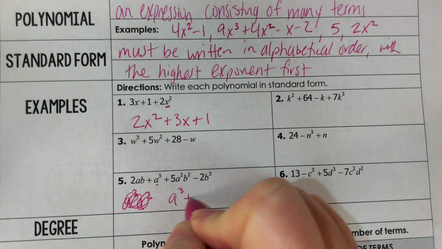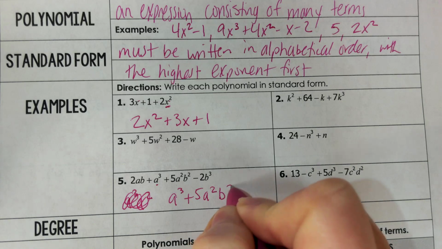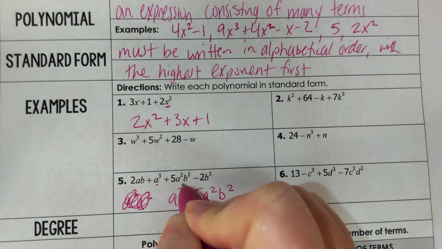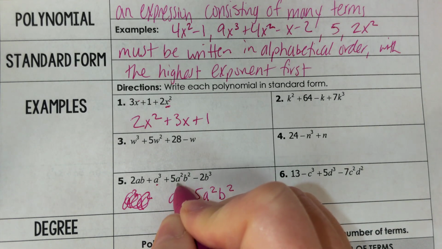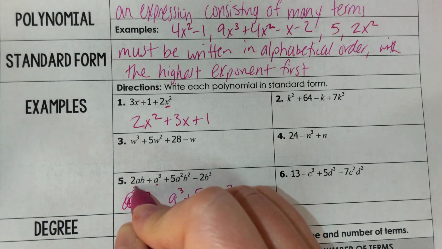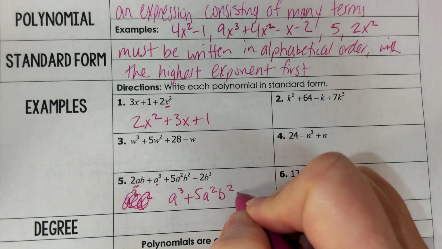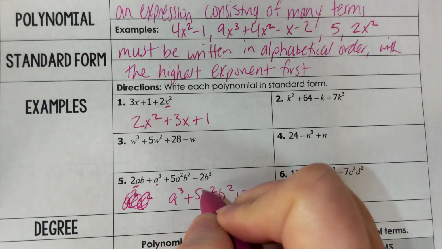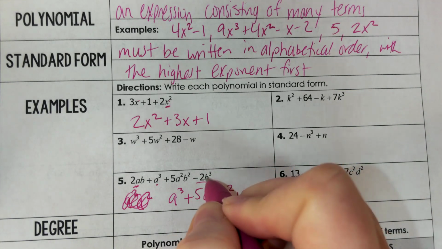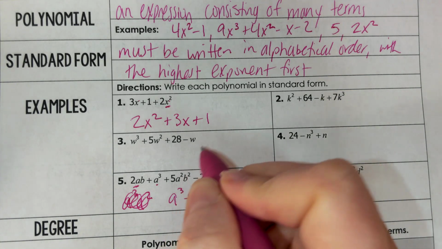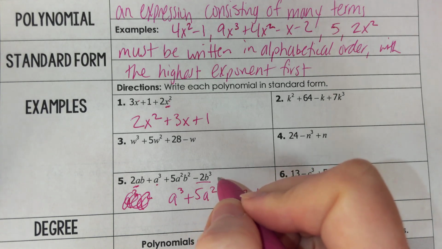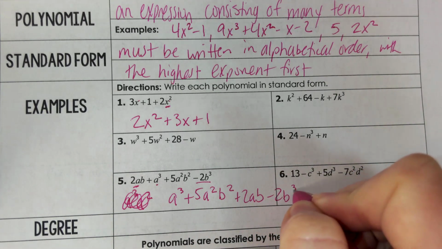A cubed plus 5a squared b squared. We're going to use this term next because it has the next highest exponent of a. Then we're going to go to this term because it has the next highest exponent of a, so plus 2ab. And then finally over here, there's not an exponent for a, so we move on to the next variable, which would be b, so negative 2b cubed.